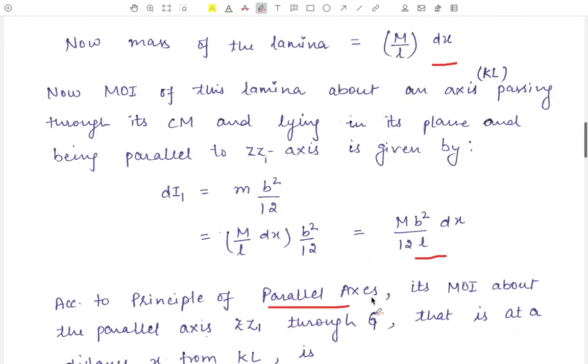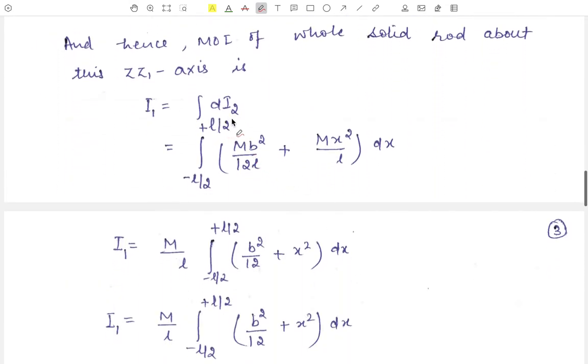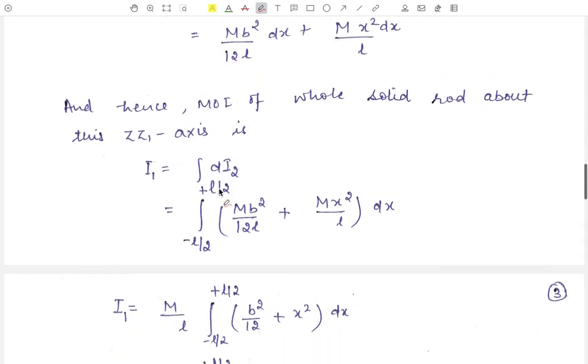Therefore, the moment of inertia of the whole bar will be given by the integration of dI2, that is this value, that is equal to the integration from minus L upon 2 to plus L upon 2 of Mb square upon 12L plus Mx square upon L, dx.